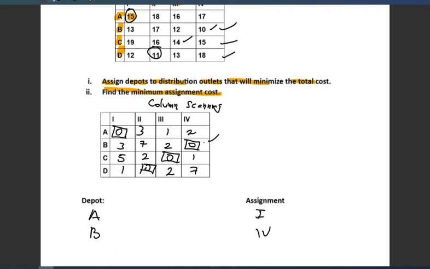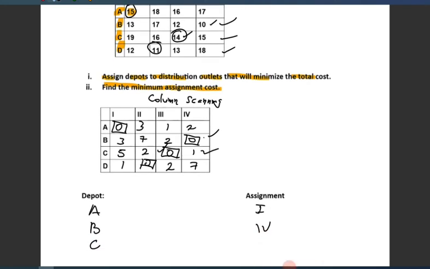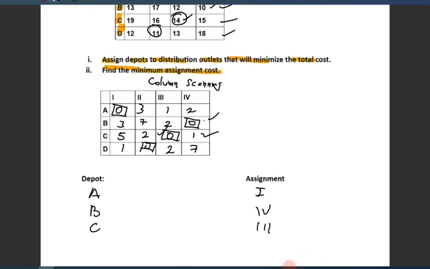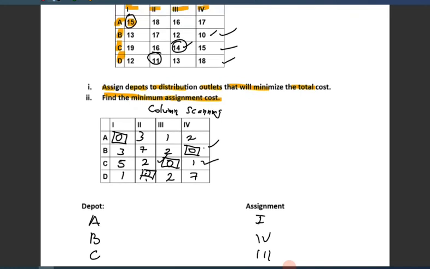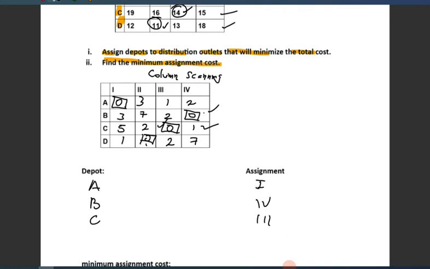Then on column 3, we have C assigned to 14. That's the number that corresponds to the 0 here. That's 3. And finally, the 0 corresponds to this here. That's 2. D is assigned to 2. So this is the assignment.